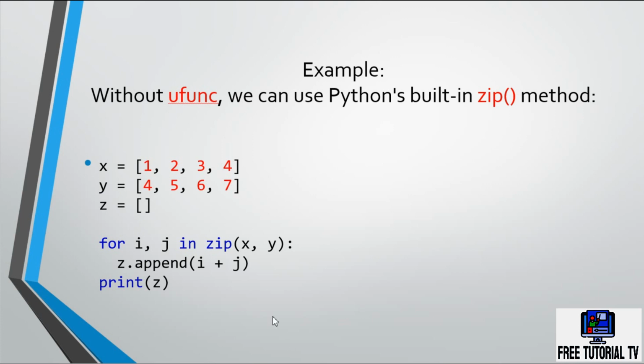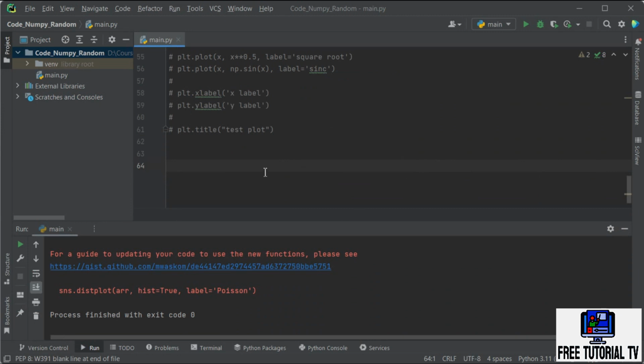We will have two arrays, x and y, and another empty array called z. For i and j in the zip of x and y, we append i plus j, the addition of the value of i and the value of j, into z. And this is the output we are going to see here.